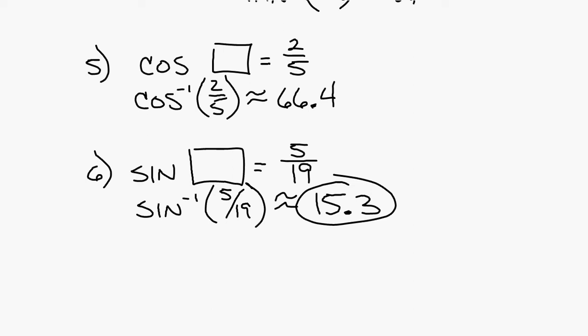Alright, number 7. You're asked to write the tangent ratios for y and z. So here's your triangle.